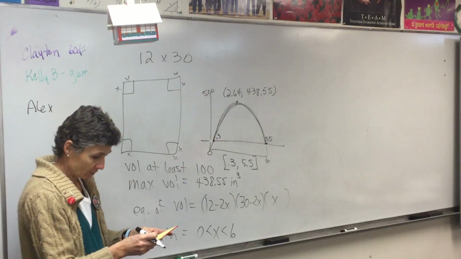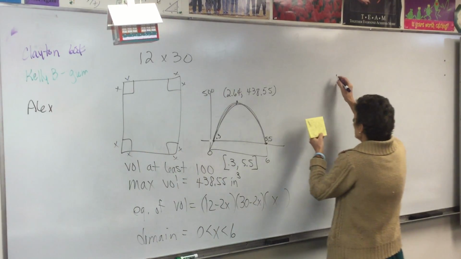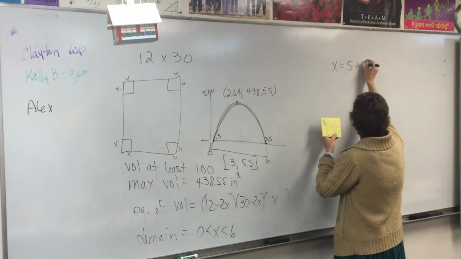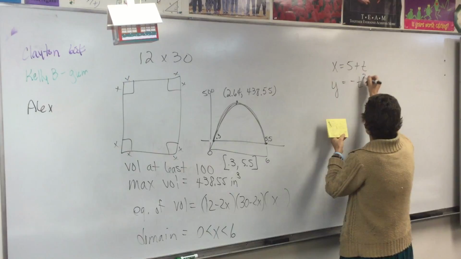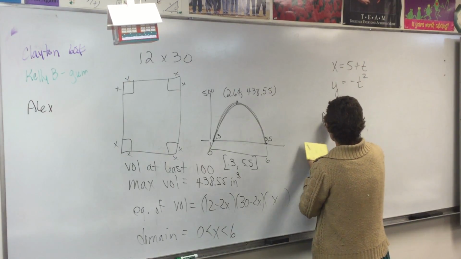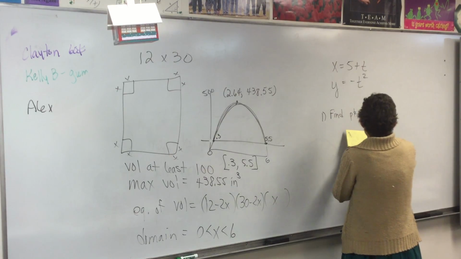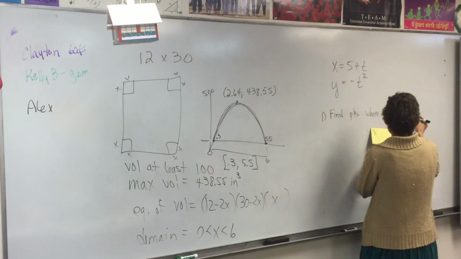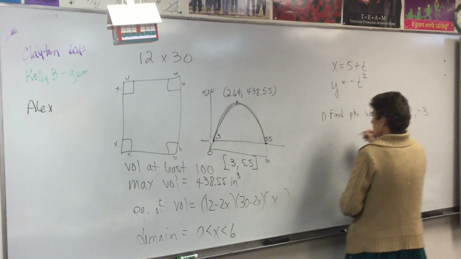Okay, one more. I have a set of parametric equations, and I want to find the points where t is 1, 2, and -3.